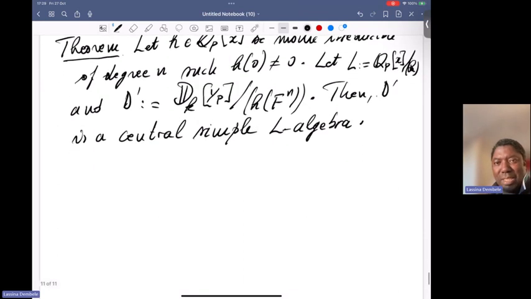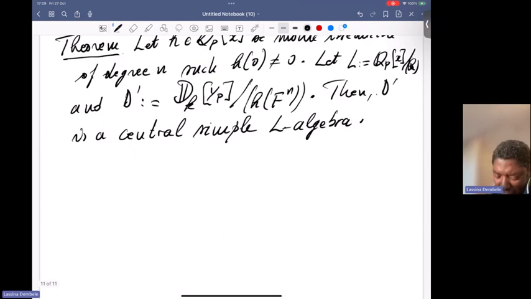So we basically did most of the hard work already. This lemma really simplified the proof, and we are going to keep the notation in the lemma.